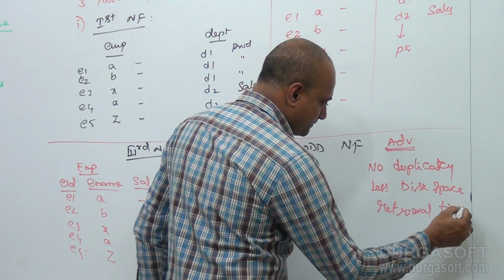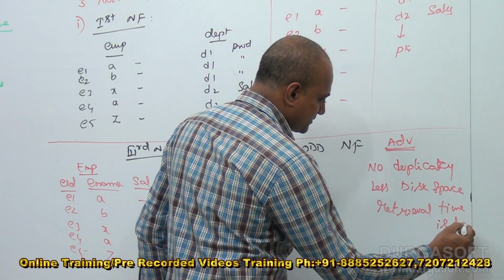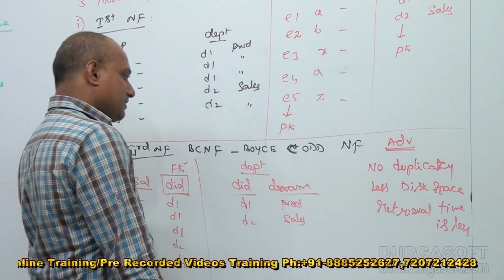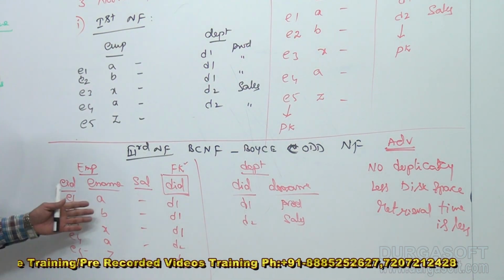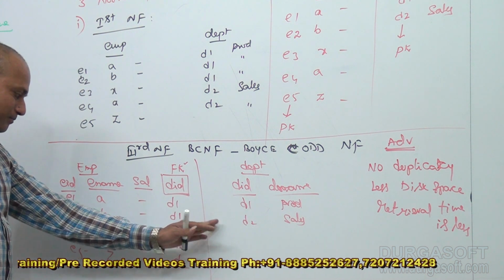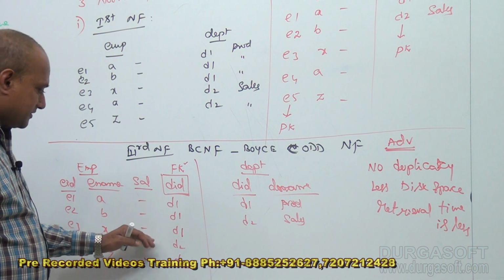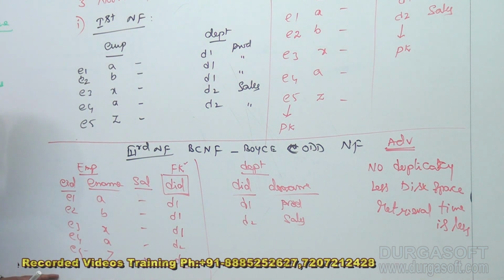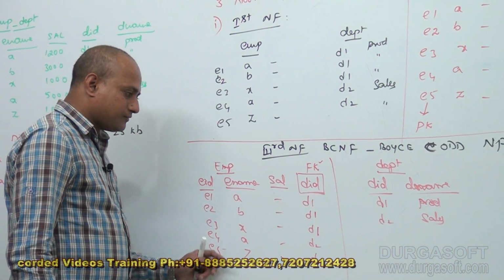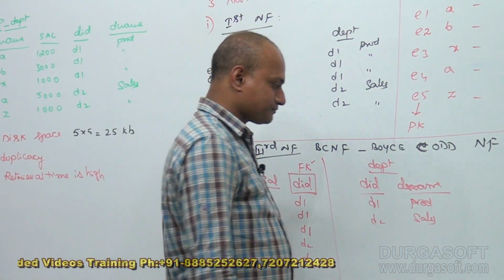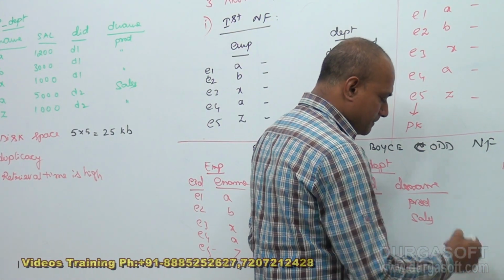Retrieval time is less. See here, how can I justify my answer? If you see these two table data, there are no data duplicate records. Next, how many number of columns? 4. How many number of records? 5. 4 into 5? 20.